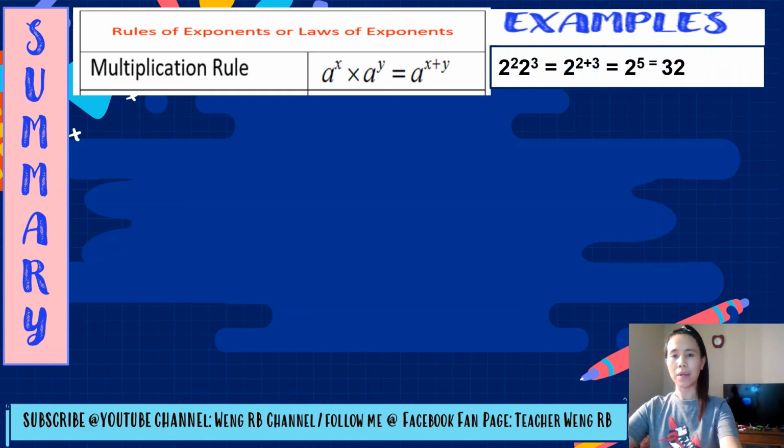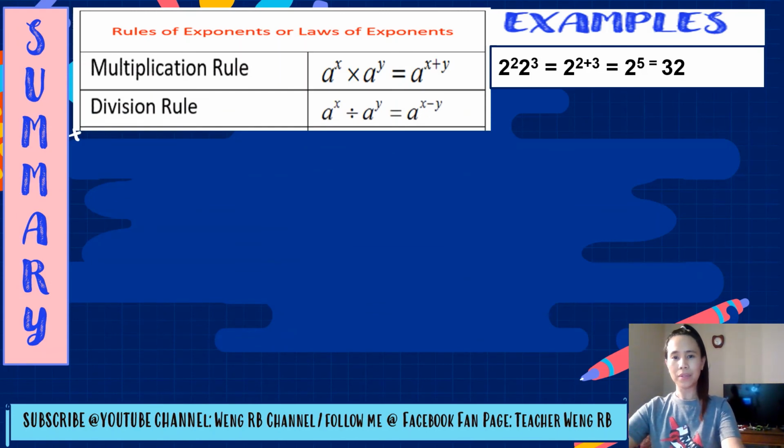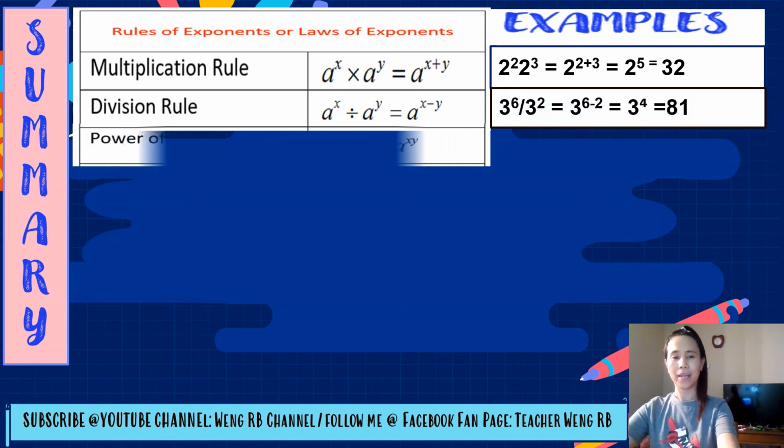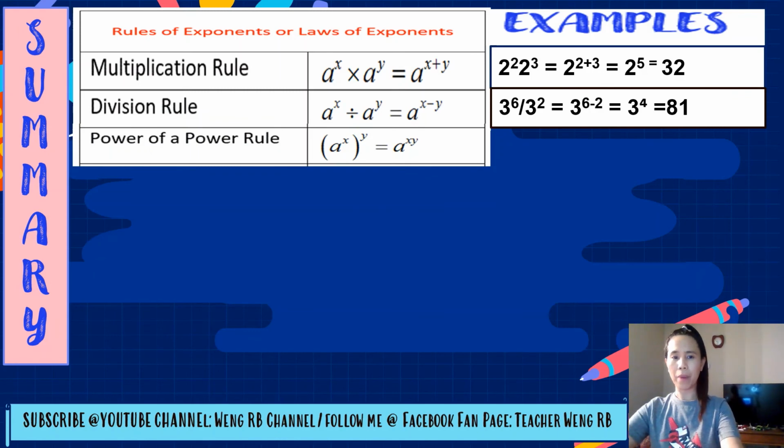So remember that since they have the same base, you just copy the base and add their exponents. Division rule is almost the same. So you just copy the base and then you subtract the exponents. That's the difference. Third rule is the power of a power rule. It means that you are multiplying the exponents and just copy the base.